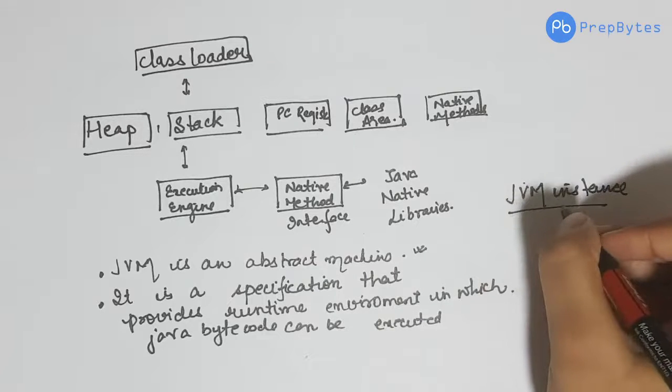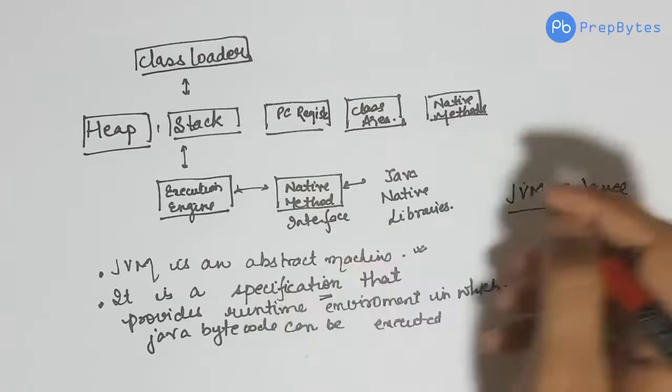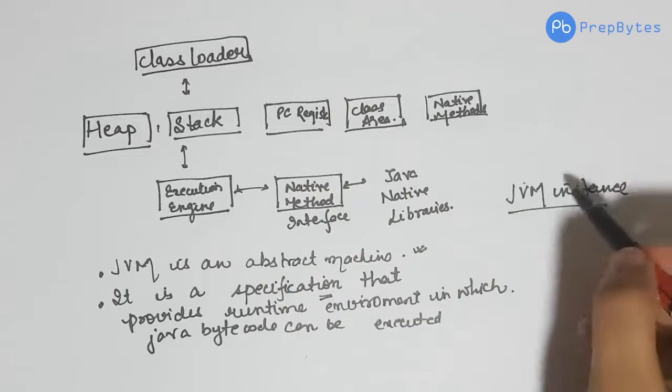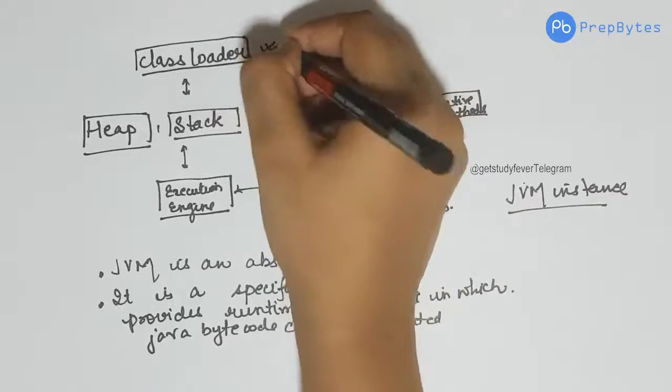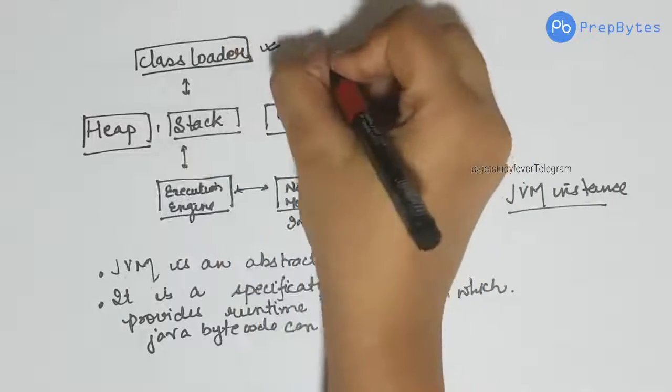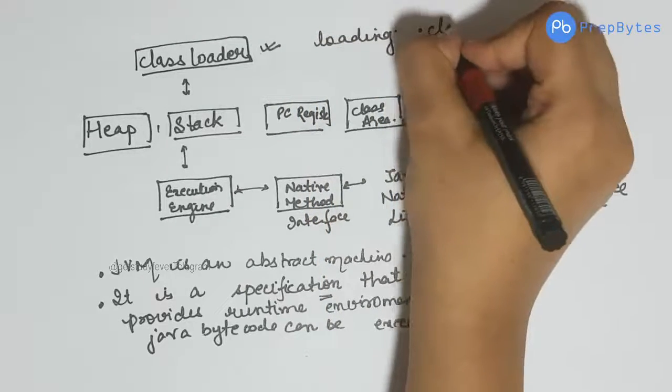Whenever you run a Java program, a JVM instance is created using these specifications. So let's see what elements a JVM has. First of all, a JVM has a class loader. This class loader does the task of loading the .class files.